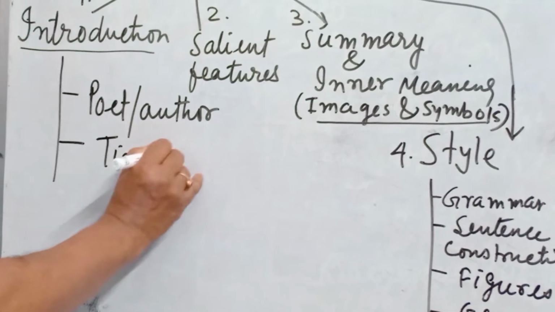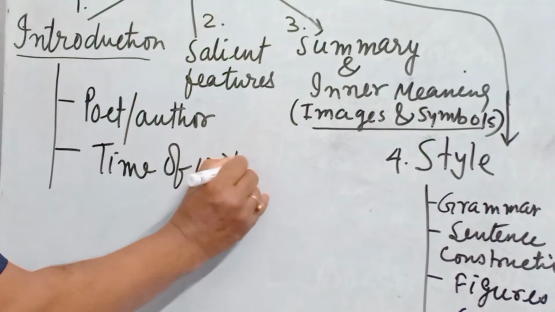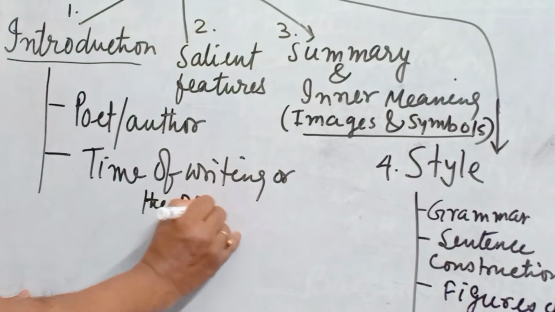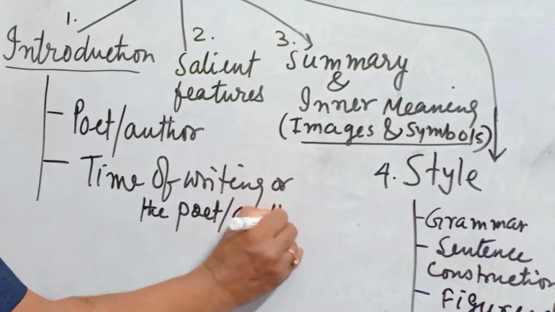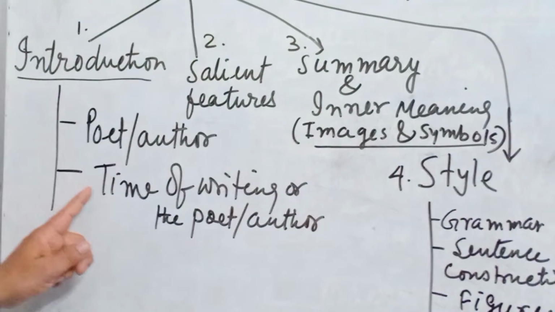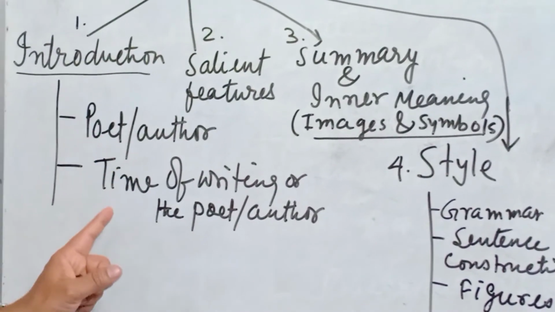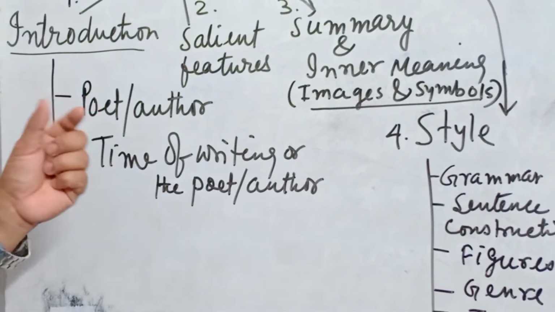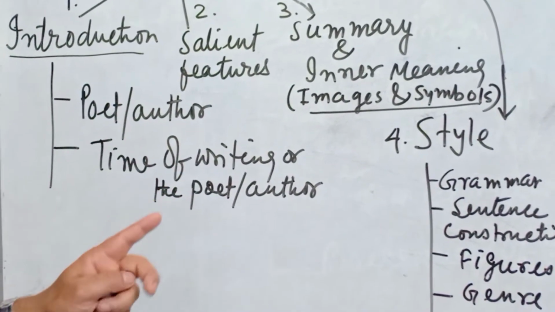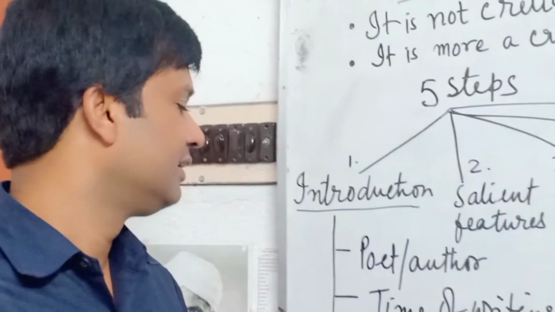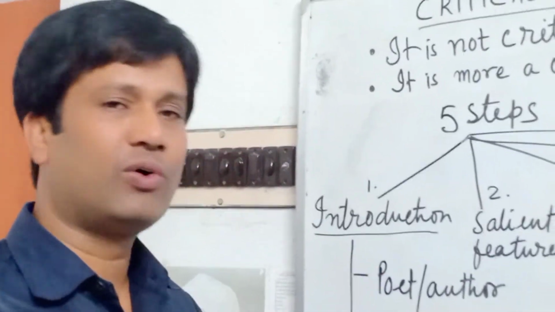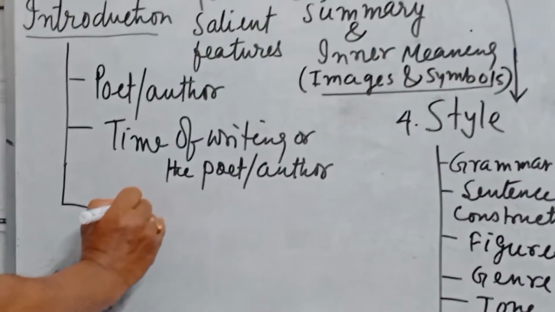Time of writing of the poet or author. Okay. So the time of composition of the literary work should be written in the introduction. The poet's period, that is, in which historical period of literature he belonged, you have to focus on that point. And thirdly, you should write background.